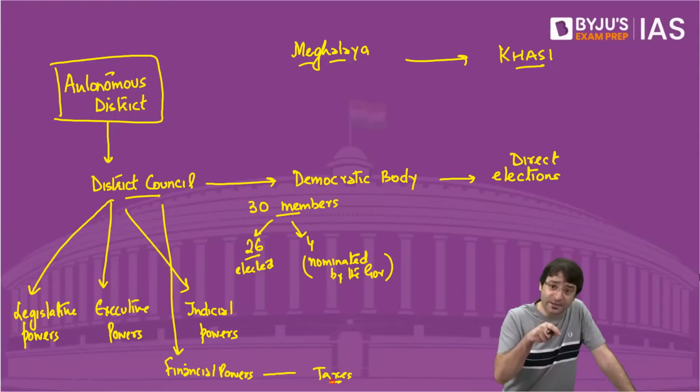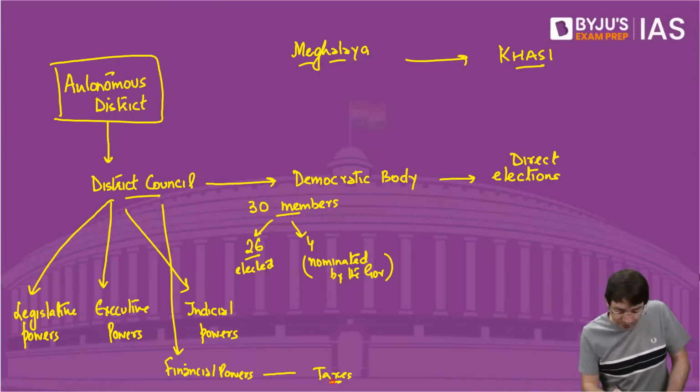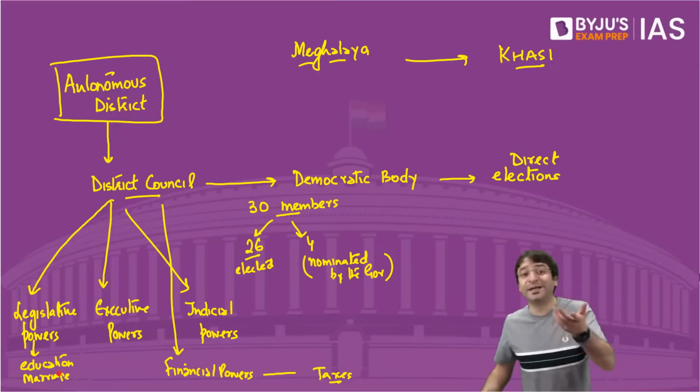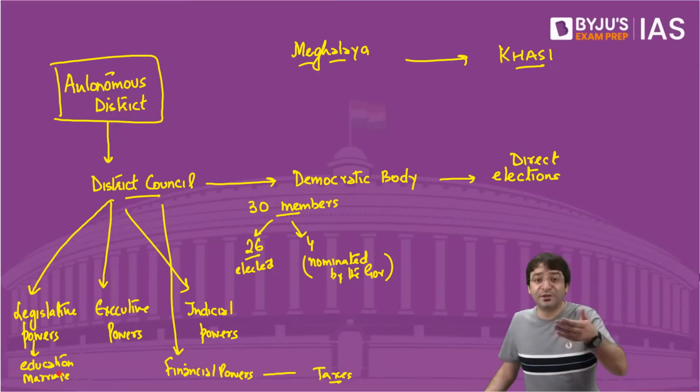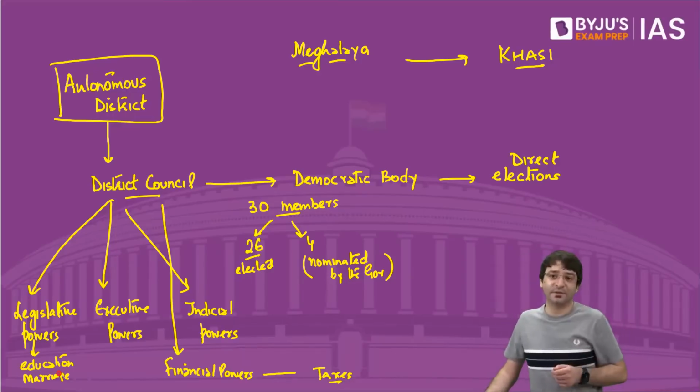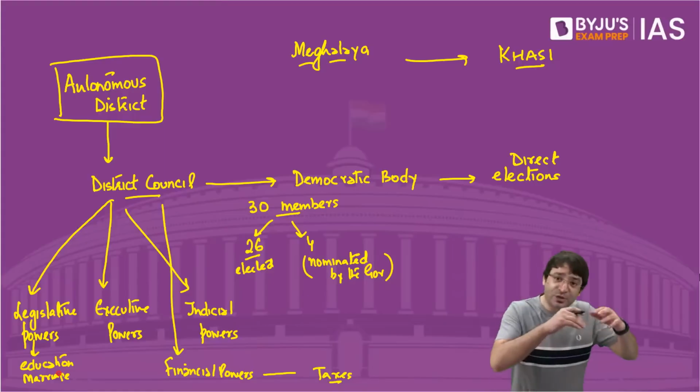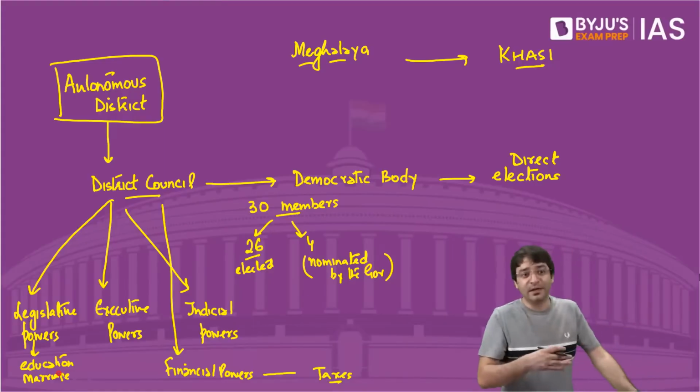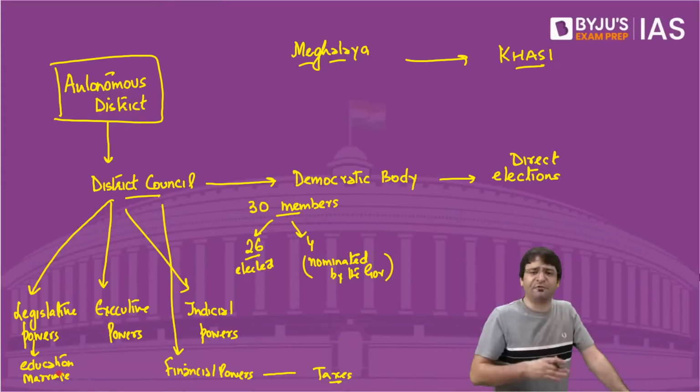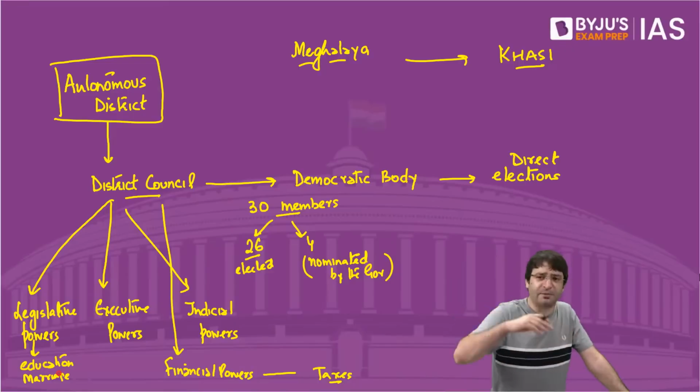You will decide what are going to be the laws related to education, laws related to marriage, laws related to inheritance, laws related to divorce. You will have the power to establish your own schools, govern your entire district without any interference from the state government, without any interference from the central government.